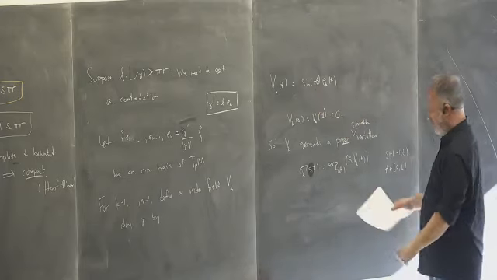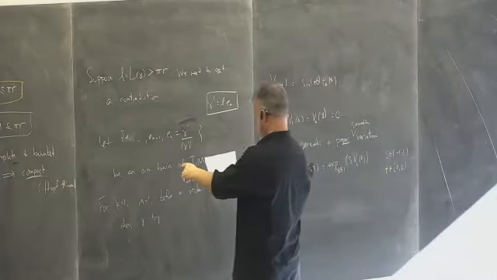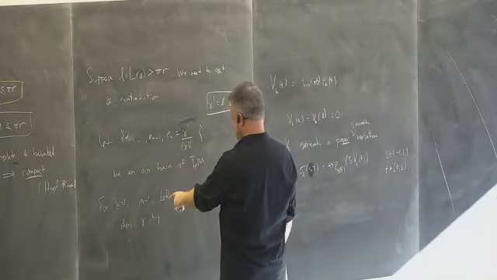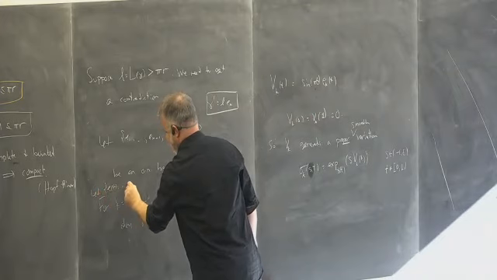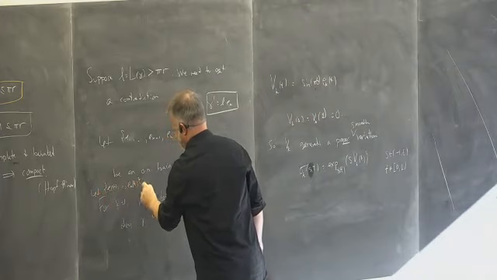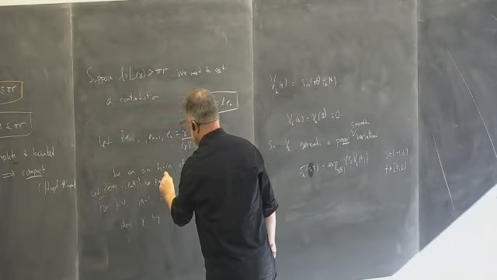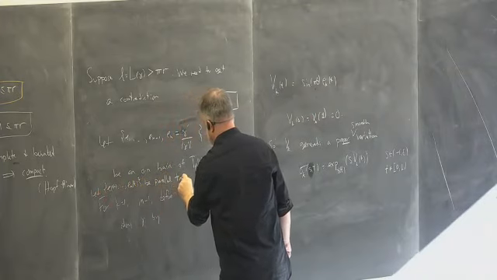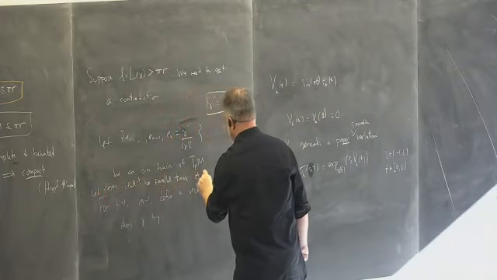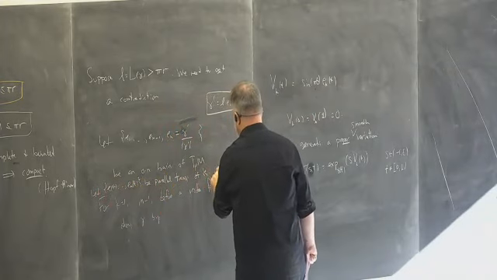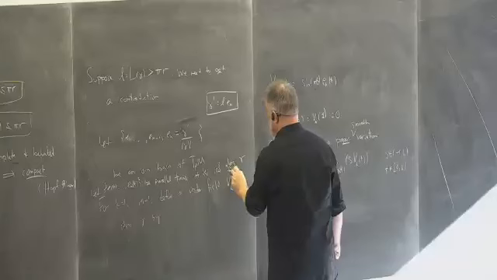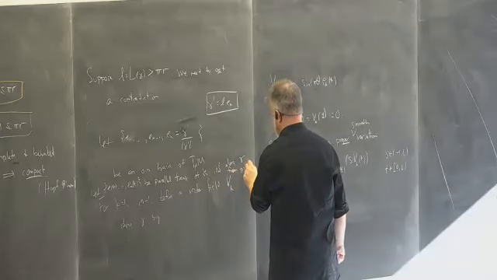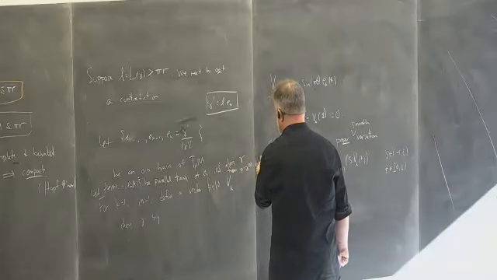Okay. I should have said, sorry, let E1 of t up to En of t be parallel transport of E1 up to En along gamma from P, which is gamma of 0, to gamma of t.